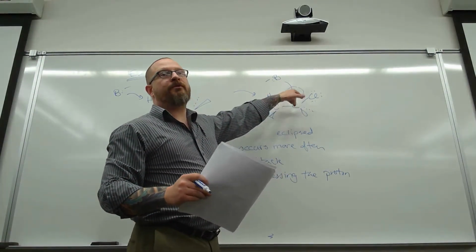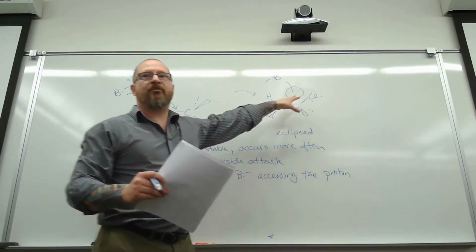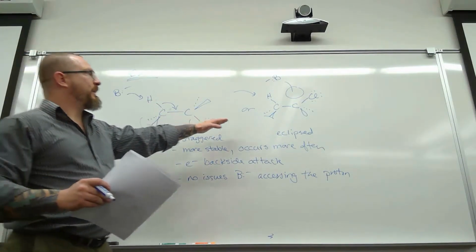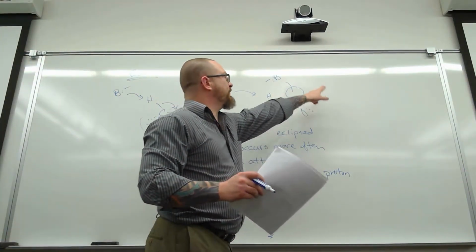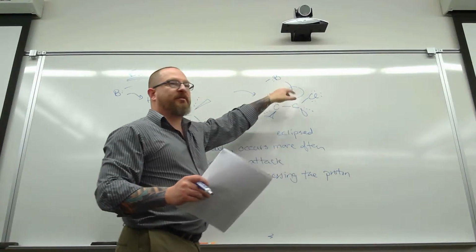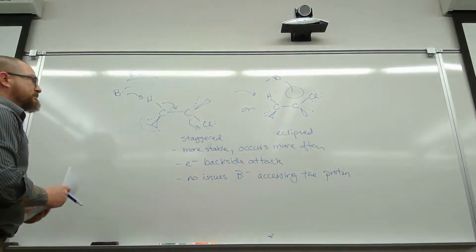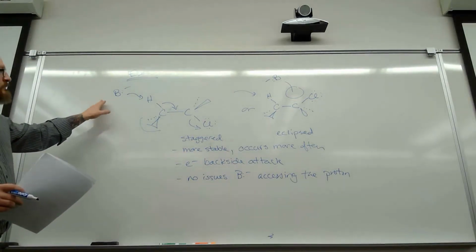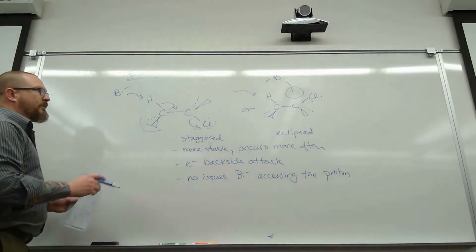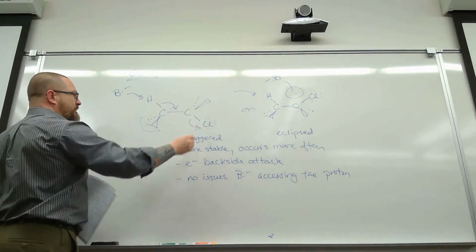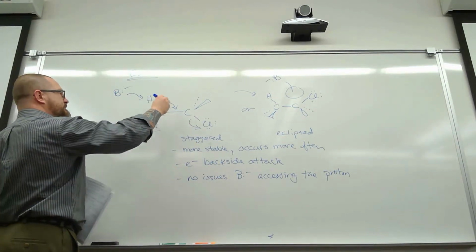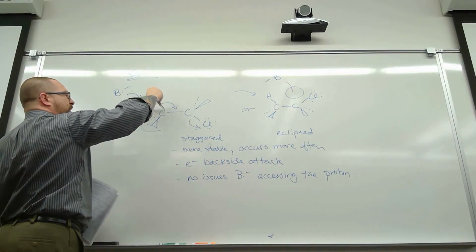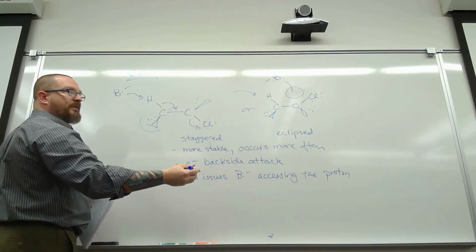So it removes one of the degrees of freedom the base can approach to do this reaction if you have this electron-rich group up here in proximity to the proton. So these are the three reasons for an E2 reaction why we want to see not only the bonds aligned, but aligned so that they're on opposite or anti sides in a staggered conformation.